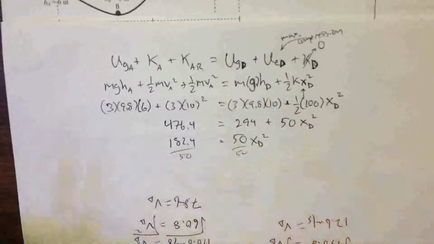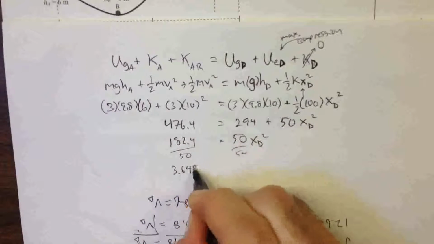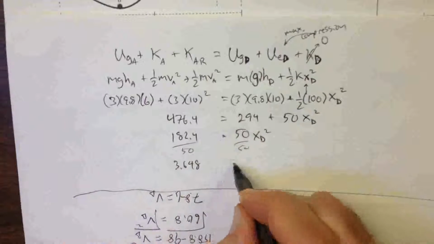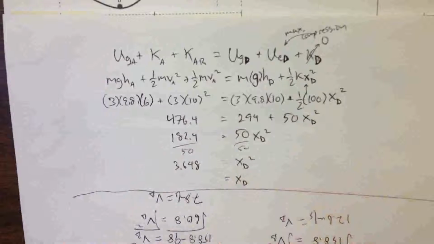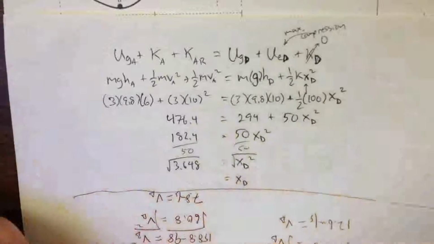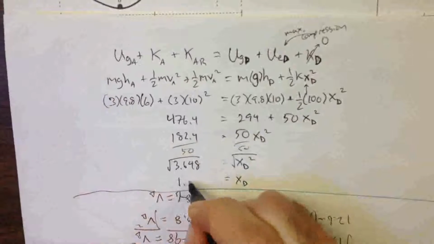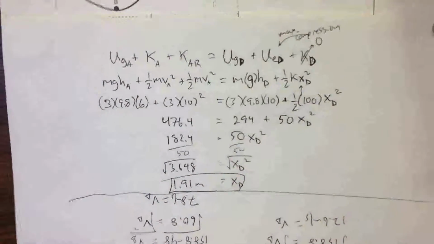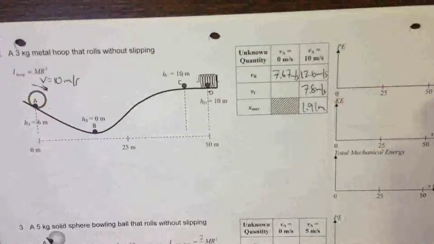Divide both sides. 3.648. And our distance then would be the square root. 1.91 meters. There it is. 1.91 meters. And that's all there is to it.